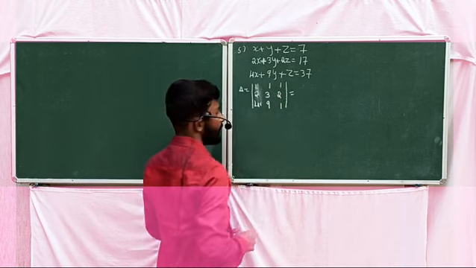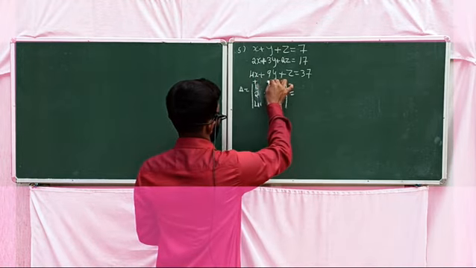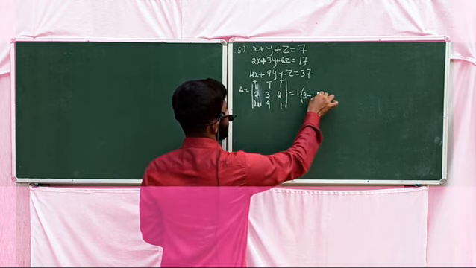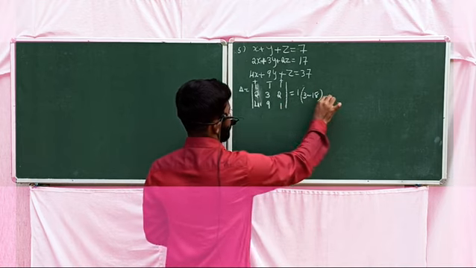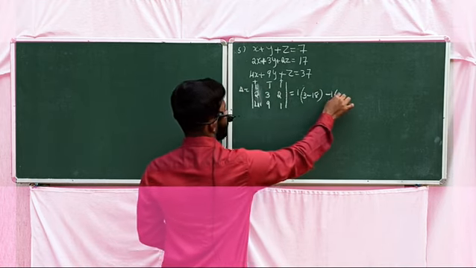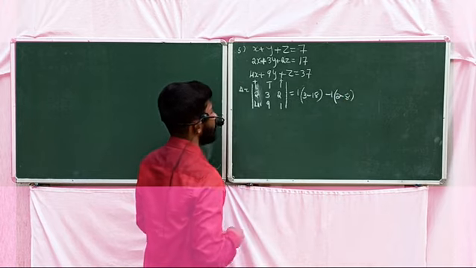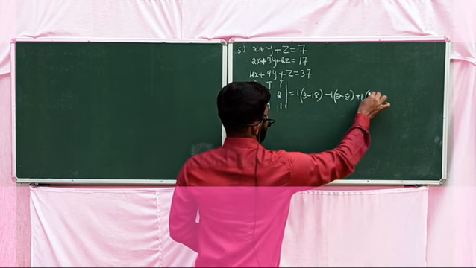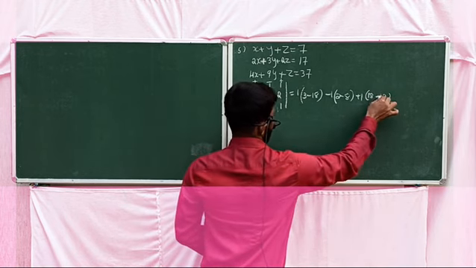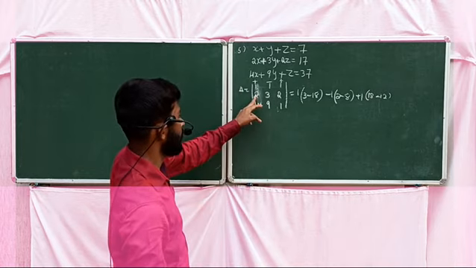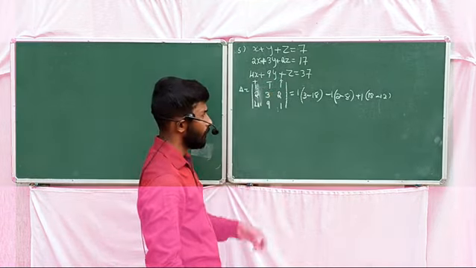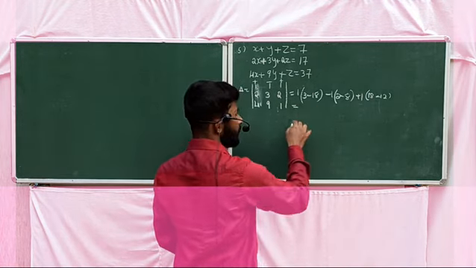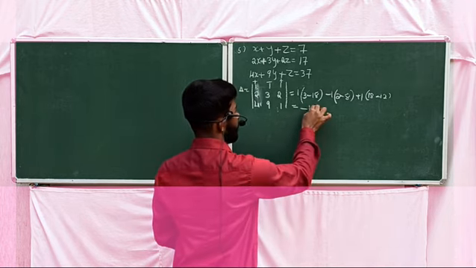Calculate the determinant value with signs plus minus plus: 1 into 3 minus 18, then minus 1 into 2 minus 8, then plus 1 into, again delete the first row and third column, 18 minus 12. That is 18 minus the product of diagonal entries, 9 times 2 is 18, minus the product of non-diagonal entries, 4 times 3 is 12.